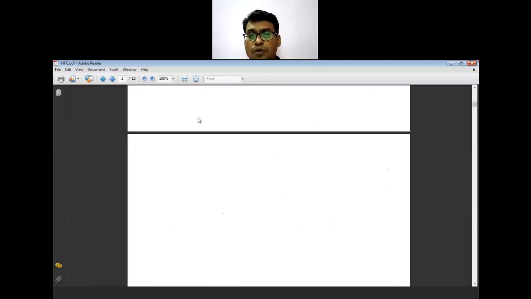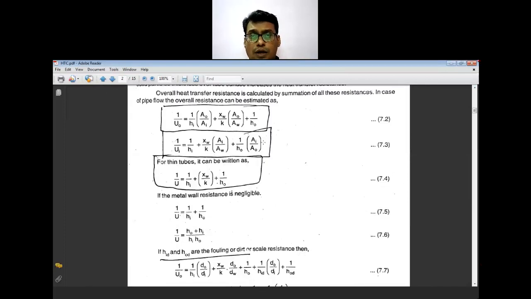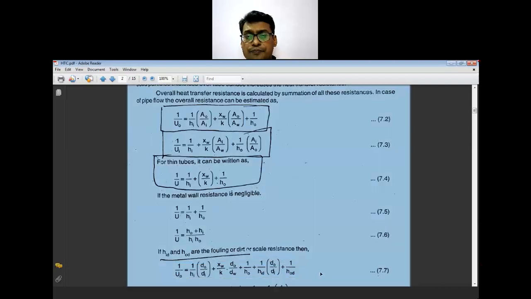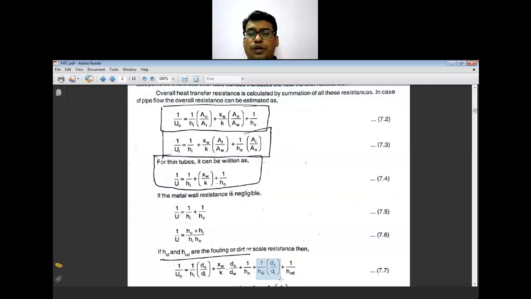So the basic equation becomes the same, that is 1 upon UO equals 1 upon HI plus AO upon AI plus XW upon K, AO upon AW plus 1 upon HO. Now, in addition to this, we have the dirt factors here, that is HID and HOD, they have been added.